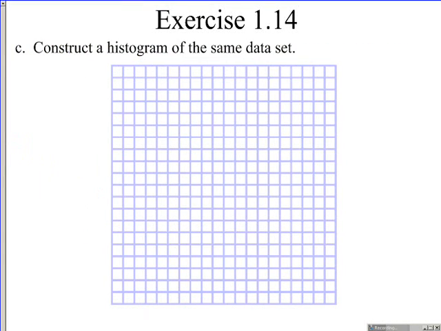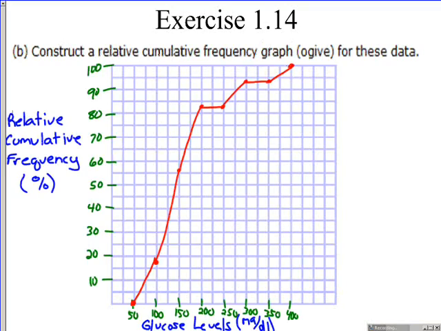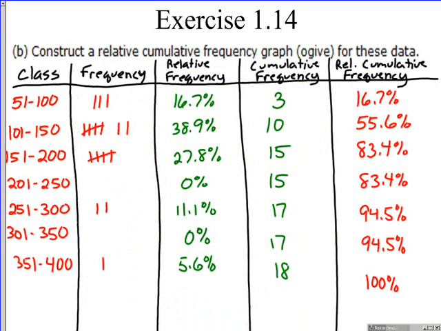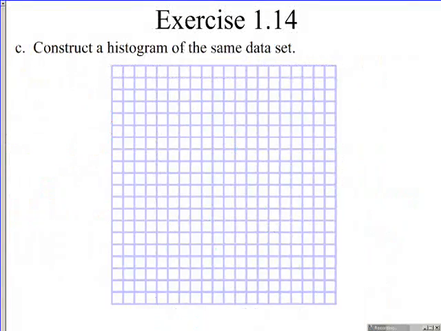Okay, if we do the same thing with the histogram, remember for a histogram though, all we would need are these first two columns, class and frequency. So let's go ahead and do a histogram of the same data. Okay, for a histogram, again, all we are doing is frequency and class width. So up the left side here is going to be frequency.